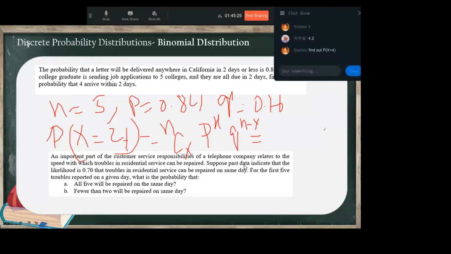So it's going to be 120 upon x is 4, so 4 3s are 12, 12 2s are 24, and 24 1 is 24. So 120 divided by 24, right? Because this is N minus X, so 5 minus 4 is 1, so times P, which is 0.84, to the power 4, and then 0.16 to the power 1. So when you solve it, you can get it.